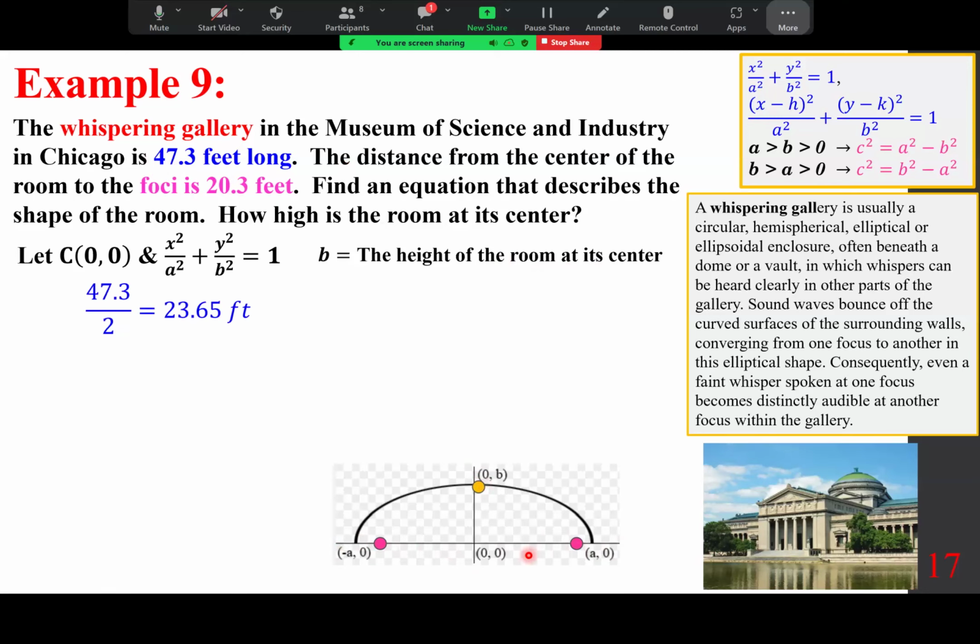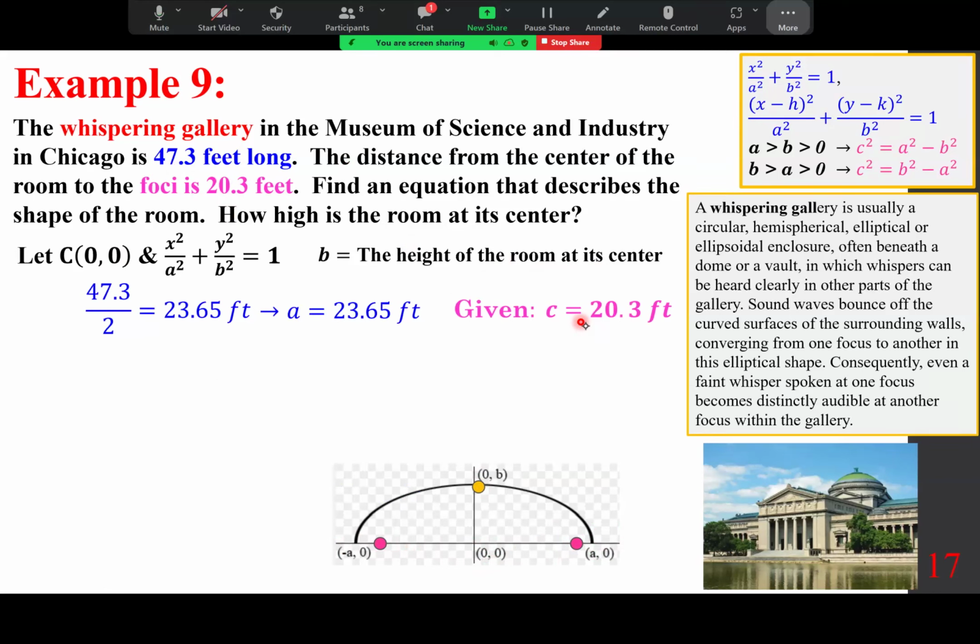So a is half of that. If you divide it by 2, half of this gives you a. c is given as 20.3. We can calculate the b.